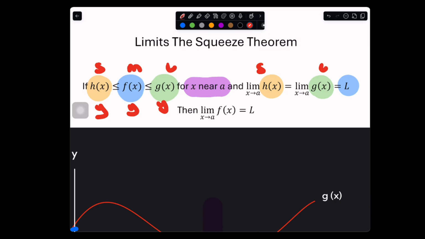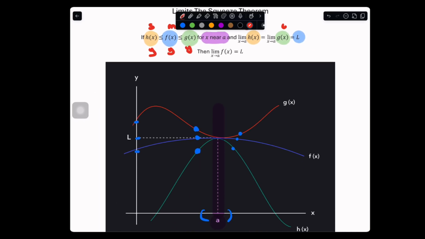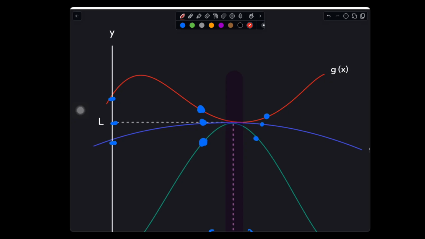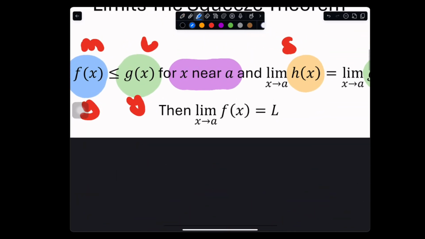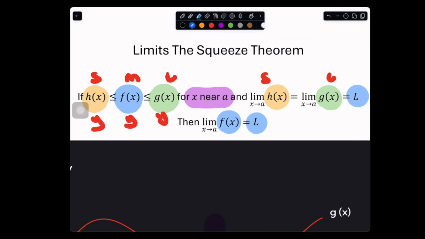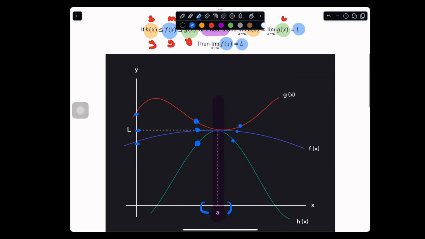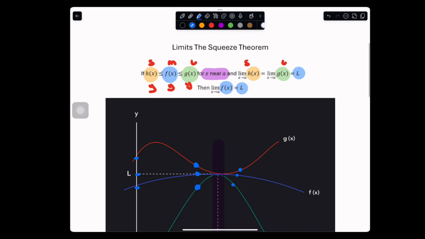You know the limit of both of those functions, they're L. And that's kind of what you see in this picture here, the red curve and the green curve. Okay, around a. What does that force the limit for f to be? Also L. This is known as the squeeze theorem, and we just show you a picture of the situation and show you examples of the situation.